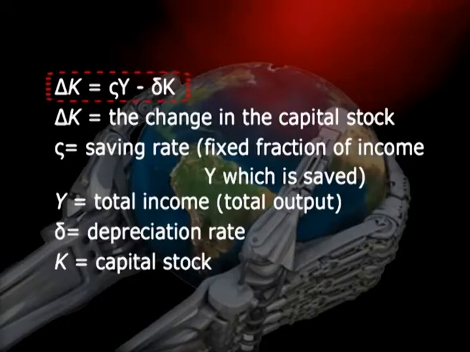Change in capital stock can be given by delta K, where delta K is equal to the change in capital stock, sigma is equal to the saving rate, which is a fixed fraction of income which is saved, capital Y is equal to total income, small delta is equal to depreciation rate, and K is equal to capital stock.